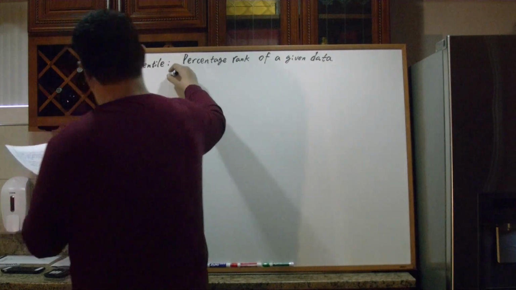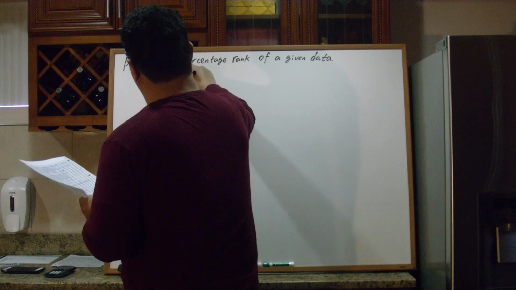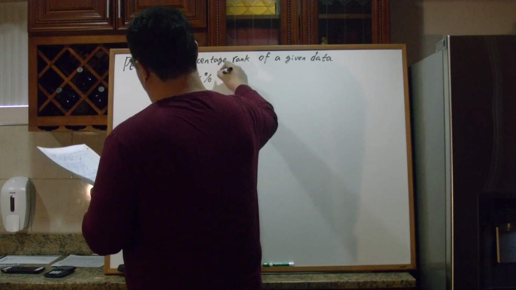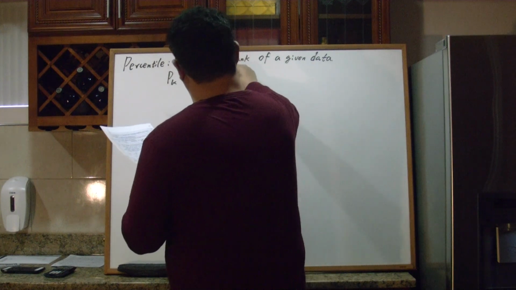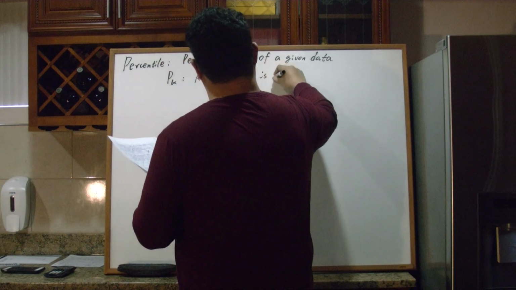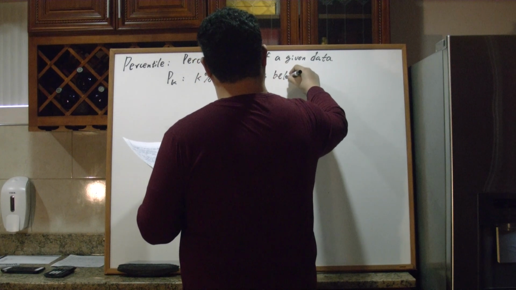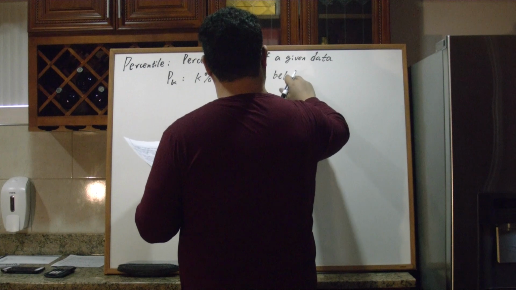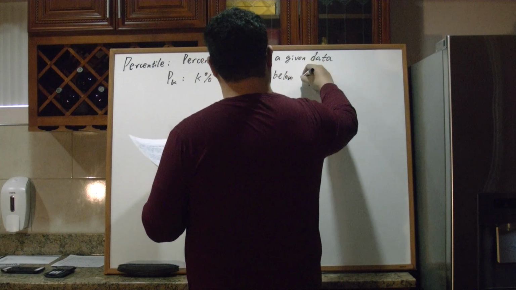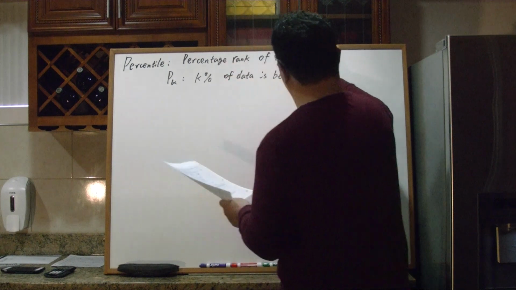What we can write is denote as P of K. That means K percent of data is below the data value Pk.